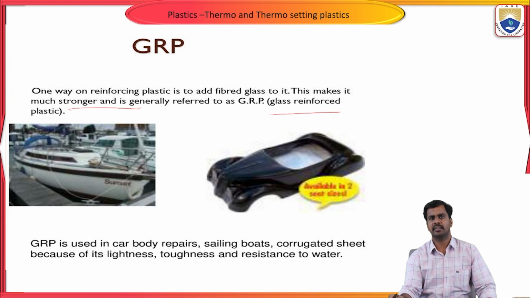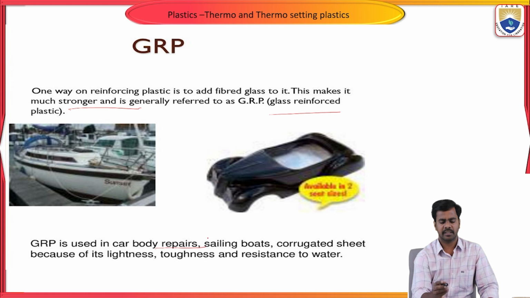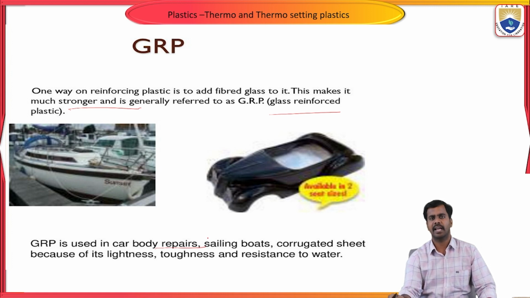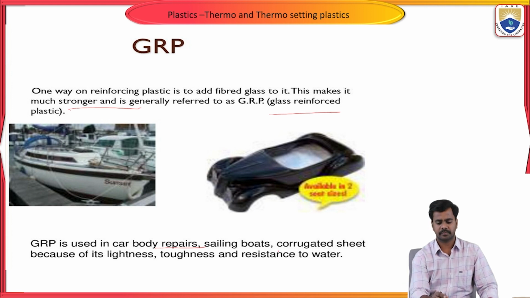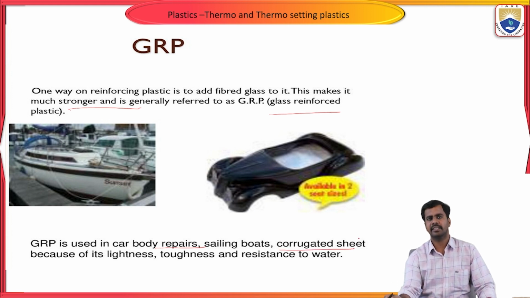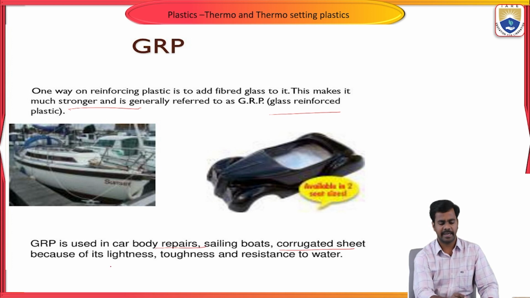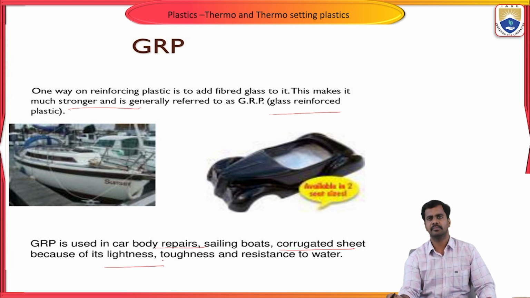GRP is used in car body repairs, sailing boats, and corrugated sheets because of its lightness, toughness, and resistance to water.